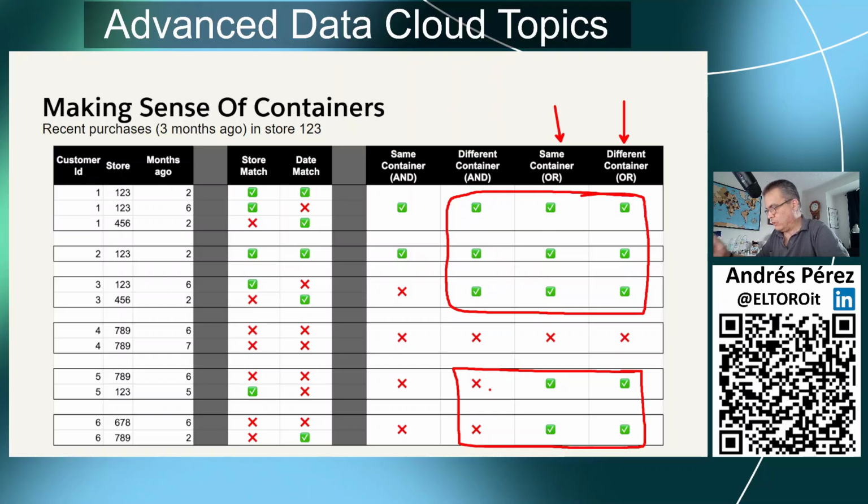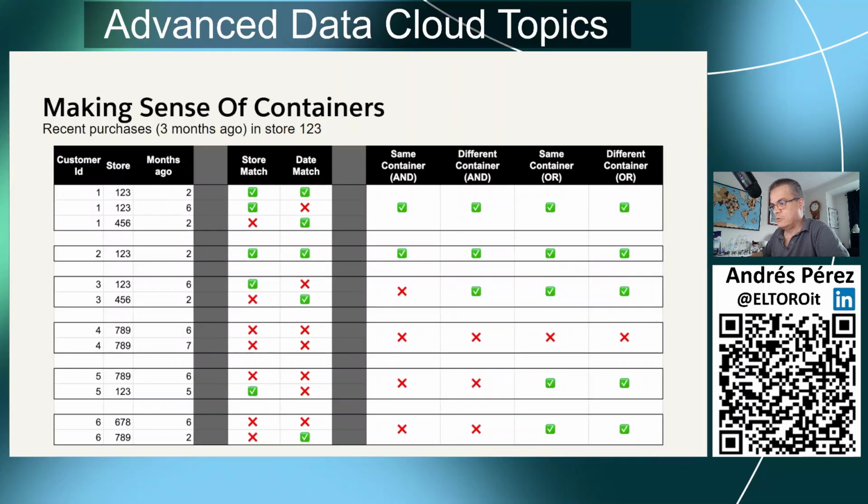How does that work? Well, actually, what we're saying is find me customers who have made a purchase 3 months ago, whatever the store, or they purchased in store 1, 2, 3, regardless of when they purchased. So here, the customer purchased in store 1, 2, 3, regardless of when they purchased.